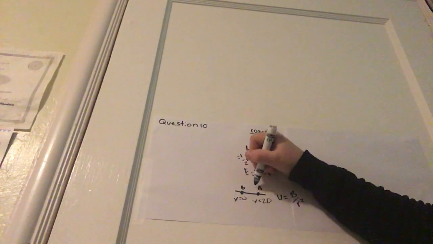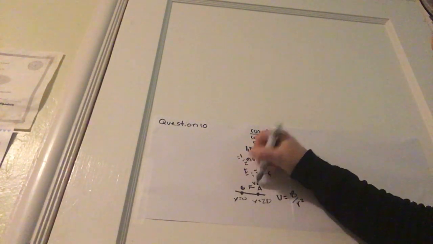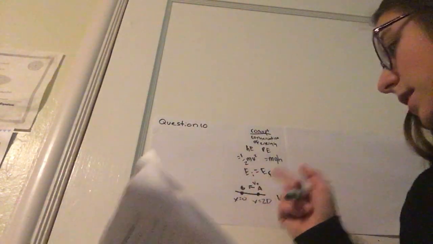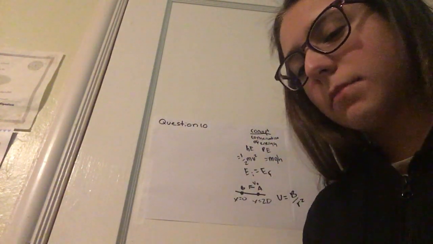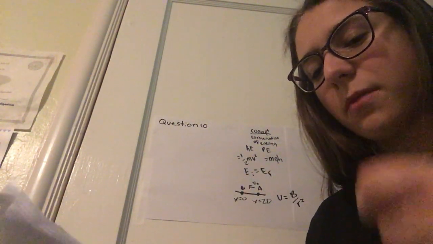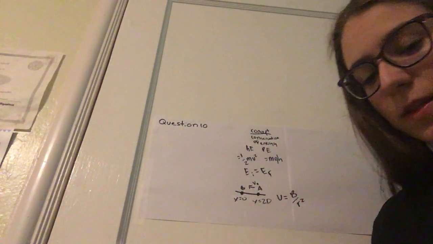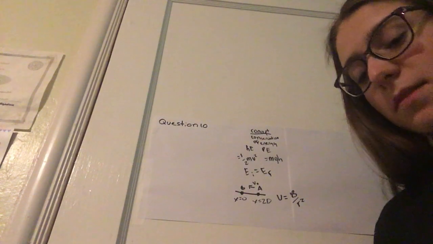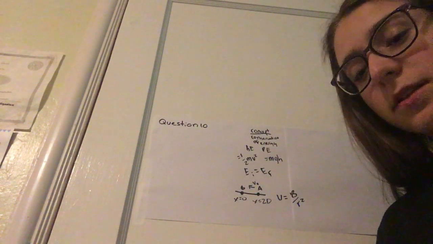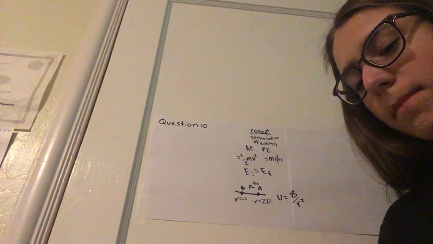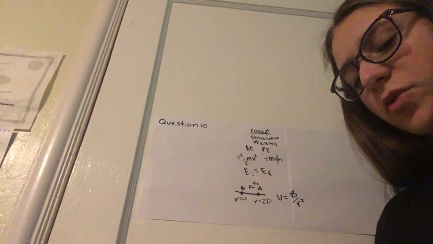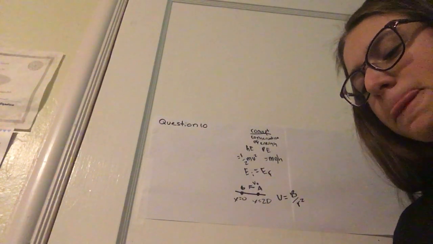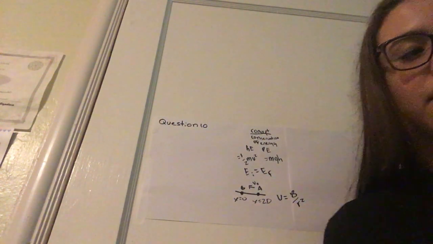It's moving at an initial velocity to the left, and particle B is at rest at the origin as shown in the figure above. Okay, so that's the situation we're dealing with in this problem. Question 10 specifically: which of the following equations could be used to find r min, the minimum distance between the masses as particle A approaches particle B?